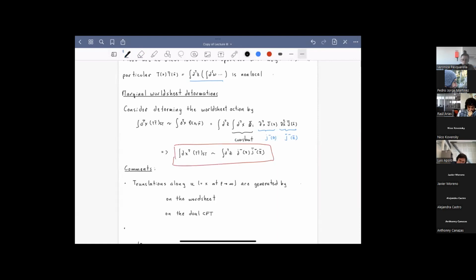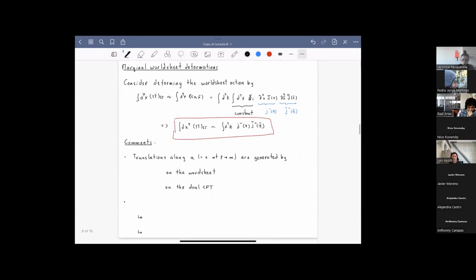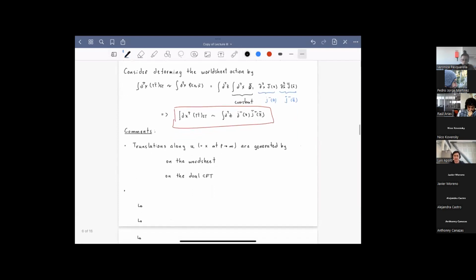The first comment I want to make is that translations along this U coordinate on the worldsheet on the bulk side are generated by the Noether current J partial U, which is the same for the massless BTZ black hole as the J minus current.